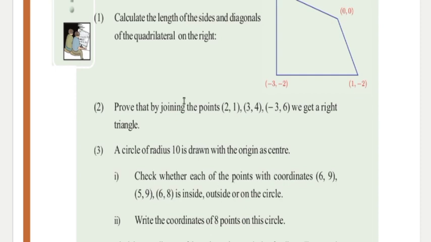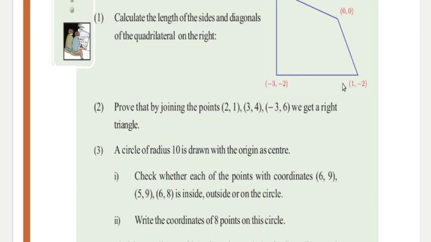So first find out the distance between the points (negative 3, negative 2) and (1, negative 2). See, if the points are (x1, y1) and (x2, y2), then the distance between the points is equal to root of (x1 minus x2) the whole square plus (y1 minus y2) the whole square. Instead of (x1, y1) here we have (negative 3, negative 2) and instead of (x2, y2) we have (1, negative 2).